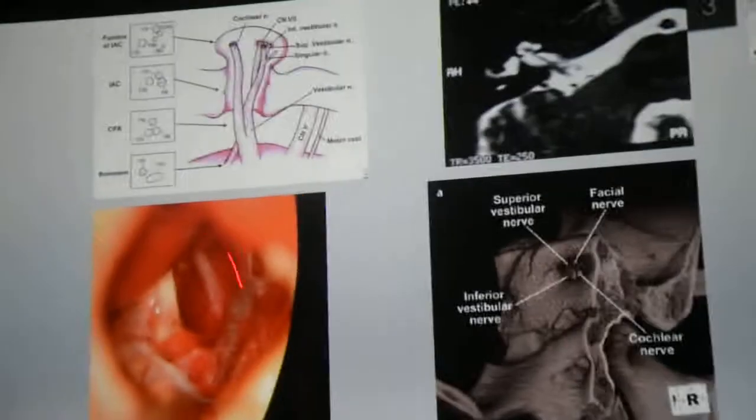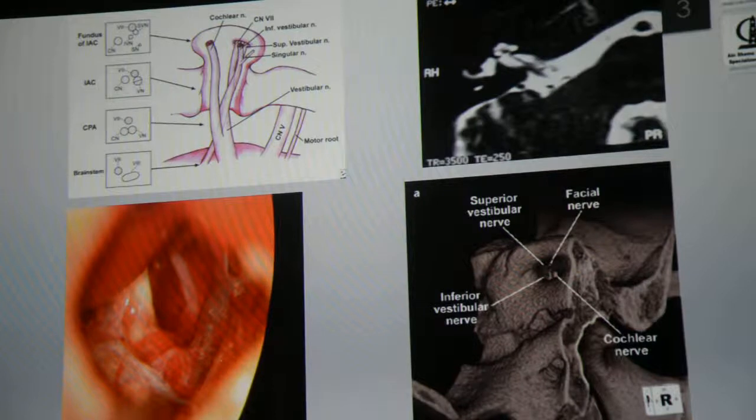What are these structures going in the internal auditory canal اللي احنا هندور عليهم لما نفتح internal auditory canal؟ So we have the cochlear nerve, the facial nerve, the superior vestibular nerve, the inferior vestibular nerve, nervus intermedius, labyrinthine artery, and sometimes a loop of the anterior inferior cerebellar artery.